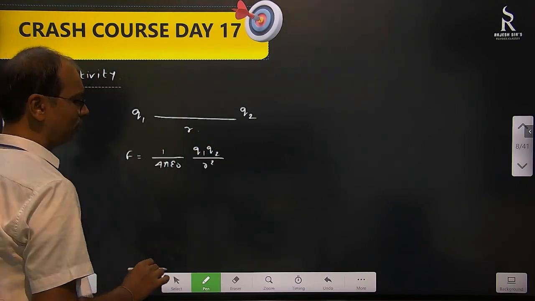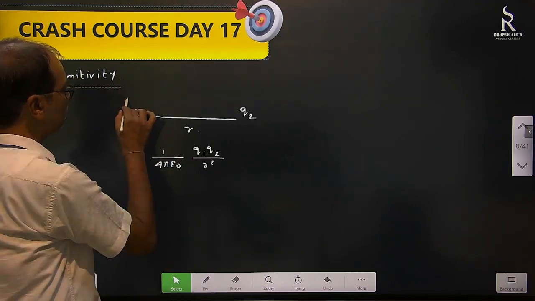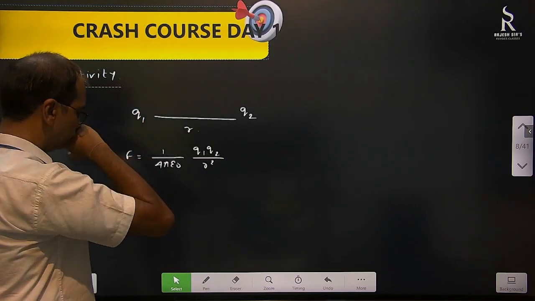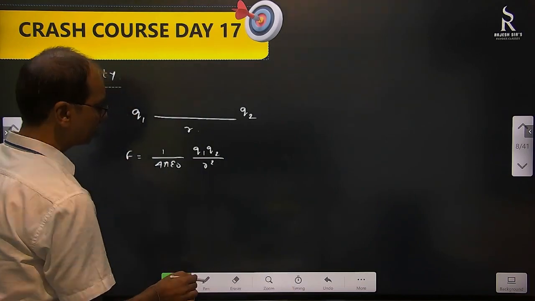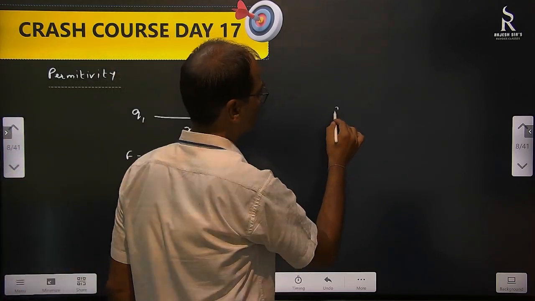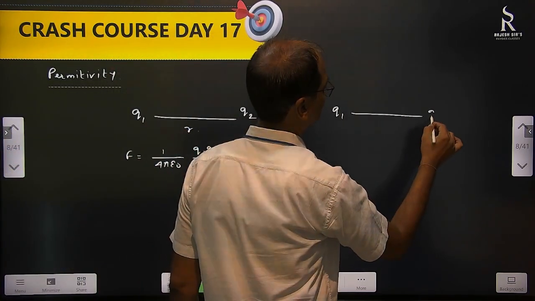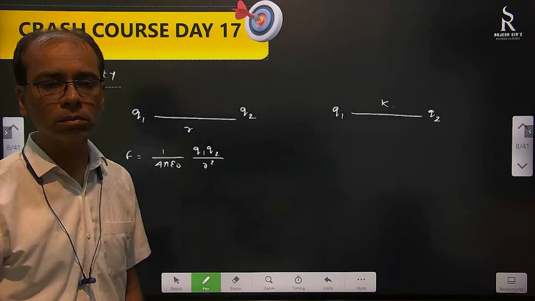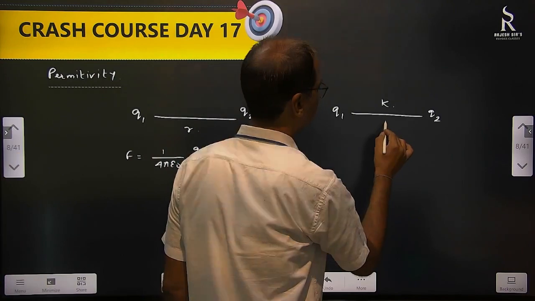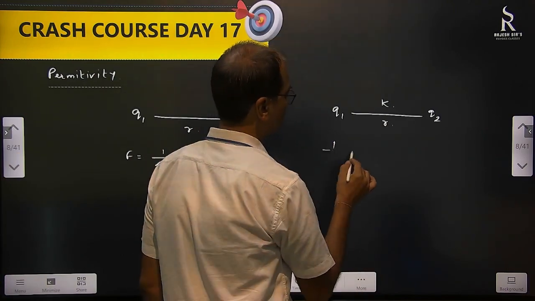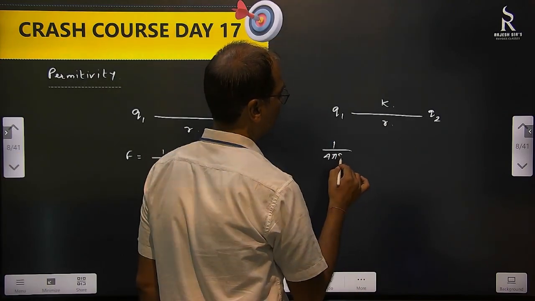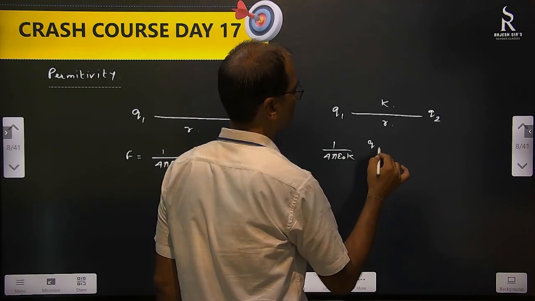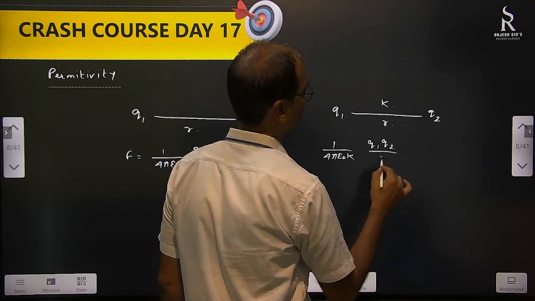Now the same thing, same charges I take here, and here is some medium. Separation is the same. So now the force is 1 by 4 pi epsilon naught K Q1 Q2 by R square.